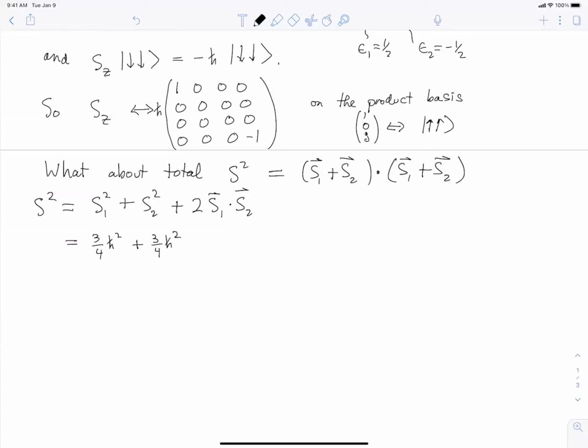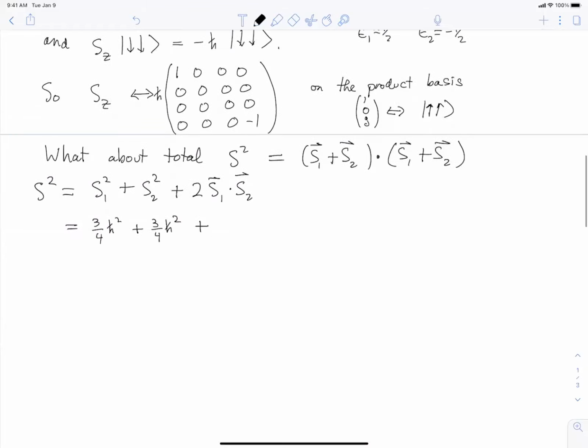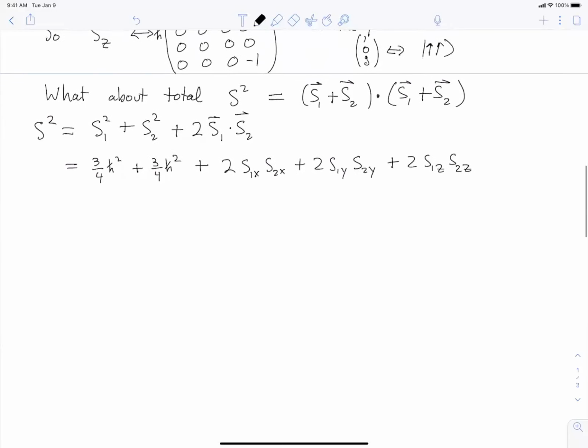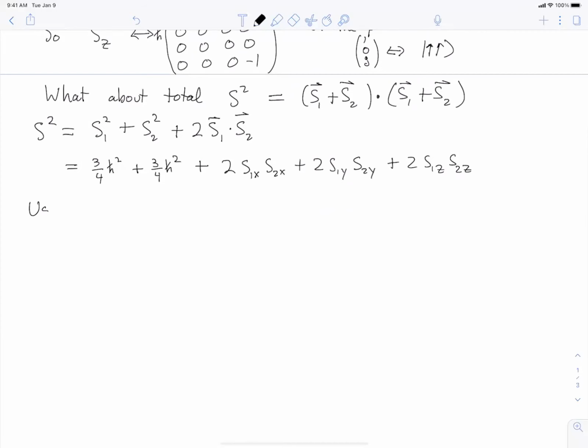Okay, and then S1 dot S2, one can look back in the notes. Well, one way to do it, let's just do it completely. So this is 2 times S1x S2x plus S1y S2y plus S1z S2z. That's the dot product written completely out. Okay, and now we can figure out how to write this a little nicer by doing the following.